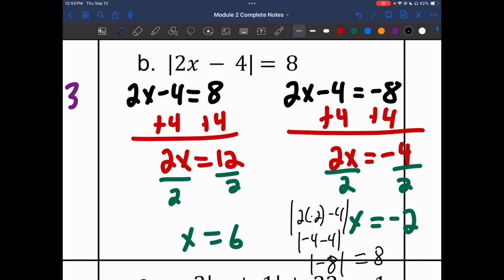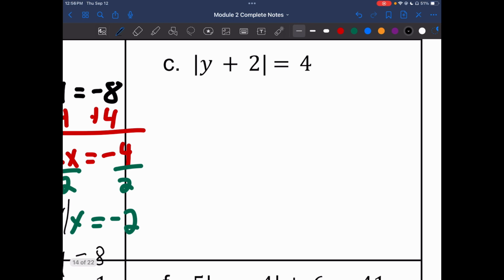And on the other side, if we did 2 times 6 minus 4, 2 times 6 is 12, minus 4, and 12 minus 4 is 8. And when we take the absolute value of 8, it is just 8. So our work checks out. We can see how both of these values will get us to a positive 8 absolute value in some way.